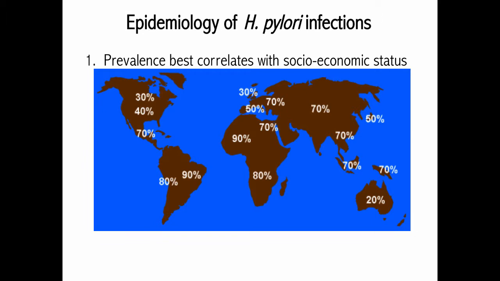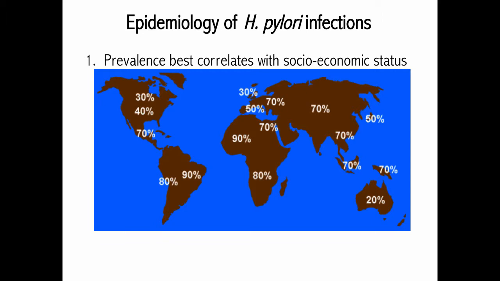So as you see from the map of the world here, the pathogen is present with much higher prevalence in developing and third world countries relative to the levels in developed countries. Obviously, if you look in parts of West Africa, parts of South America, the prevalence is much higher there than it is in developed nations. If you look at North America, Europe, you see that the rate is significantly lower.